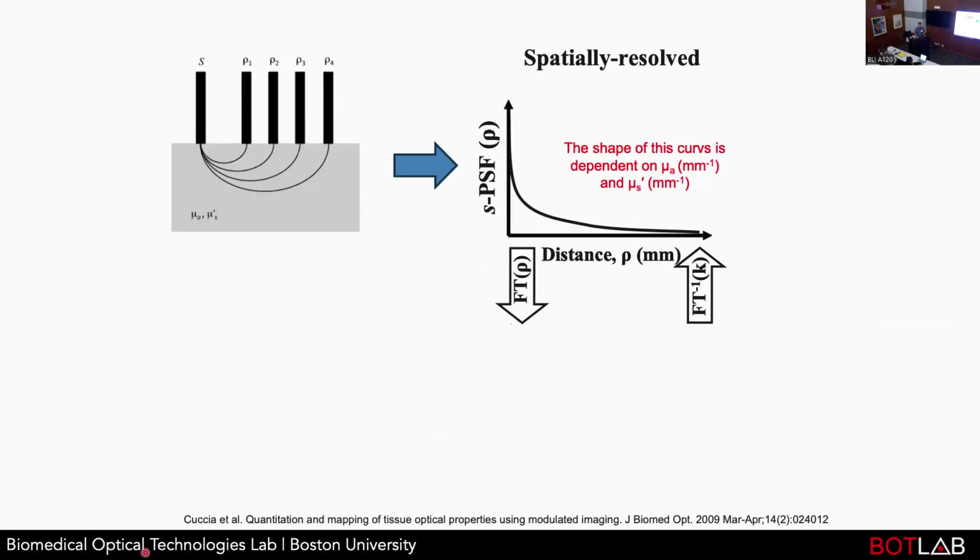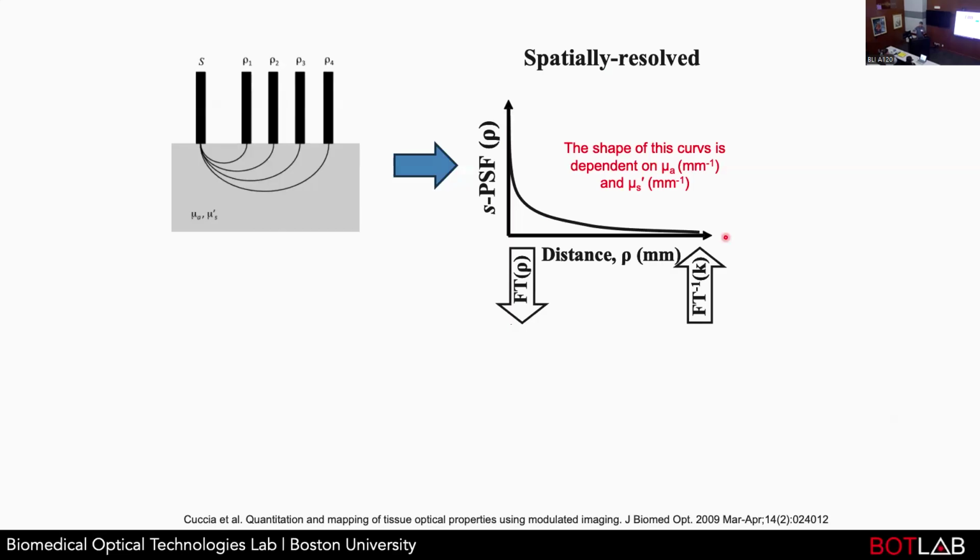Okay, so for spatially resolved measurements, we had our source and detector separation. What we have is this relationship between distance and our measurement, which we call the spatial point spread function in the spatially resolved domain. The shape of this curve is dependent on mu a and mu s prime.